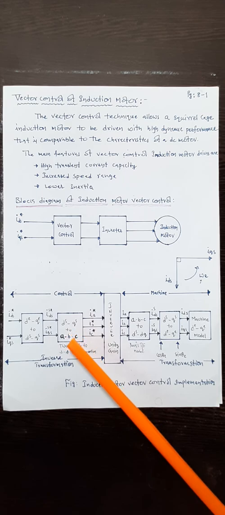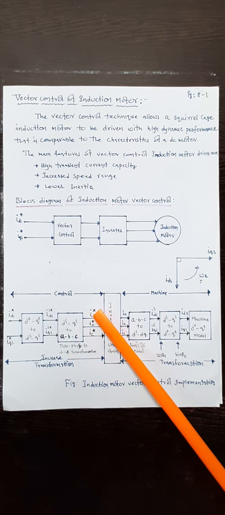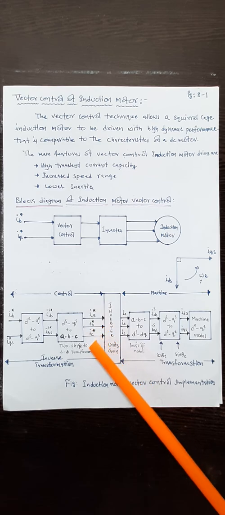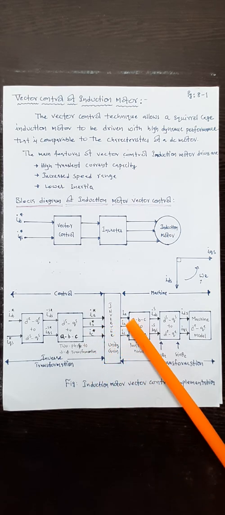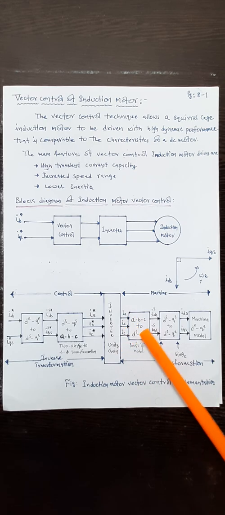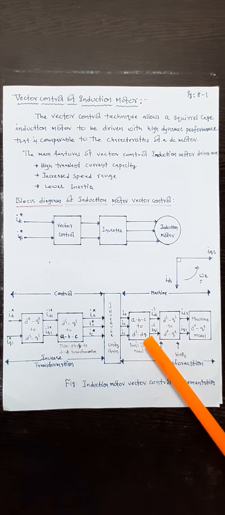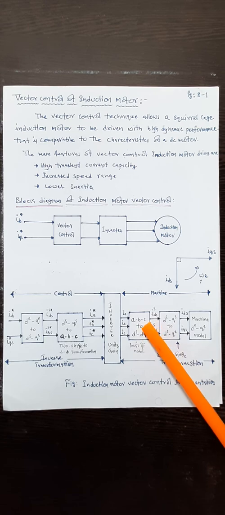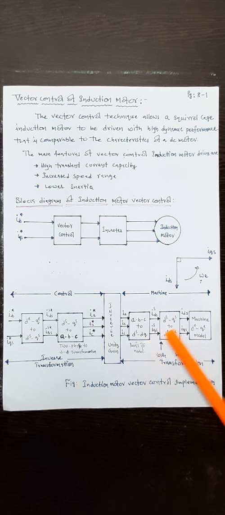This transformation gives IA, IB, IC, the input currents to the induction motor, which are processed through the inverter unity gain. Then IA, IB, IC are again converted by a three phase to two phase transformation with the help of the Park's transformation model, giving the direct axis and quadrature axis stator currents again.